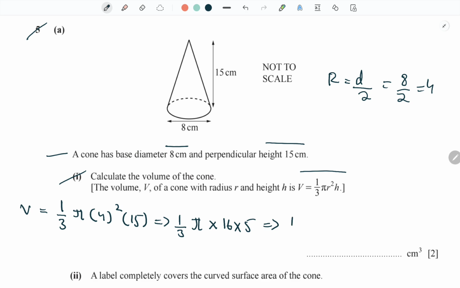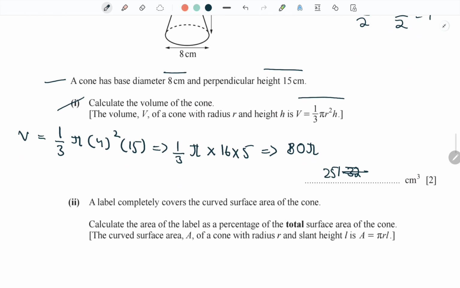So we get 80 pi. When we substitute the value of pi, 80 times 3.14, we get 251.32, or rounding off, 251 centimeters cubed. So this is the volume.